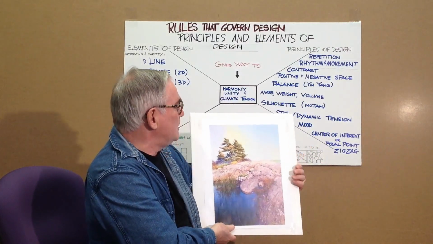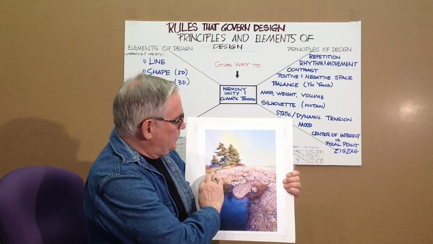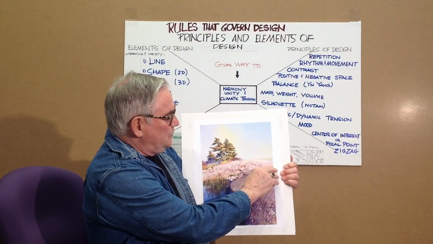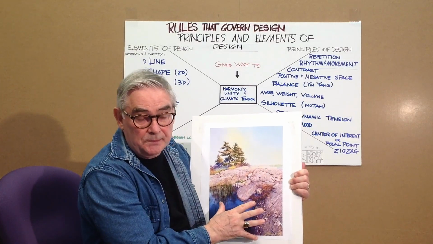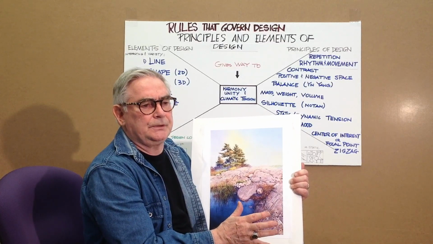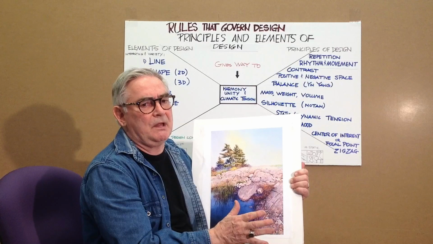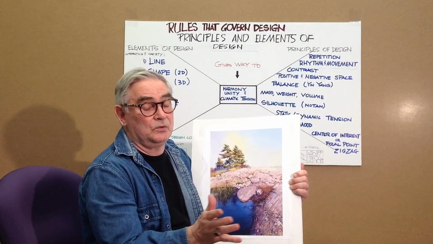And zigzag I often use through landscape to avoid parallel lines. That'll kill a painting. Okay, because you're introducing a landscape with static lines, and parallel lines just don't work for me, or they don't work for the viewer.